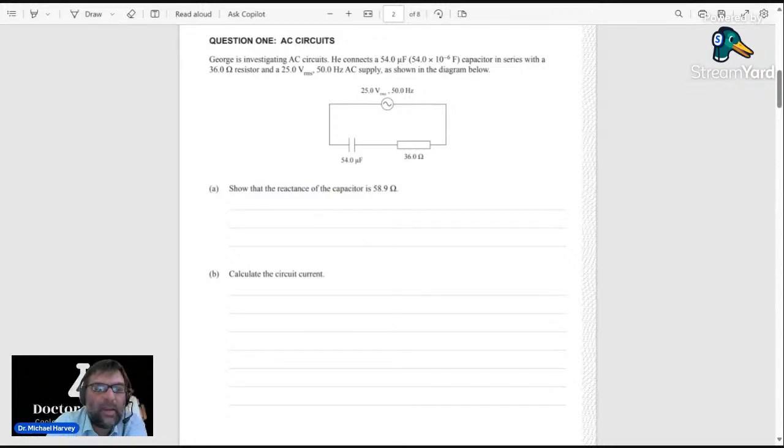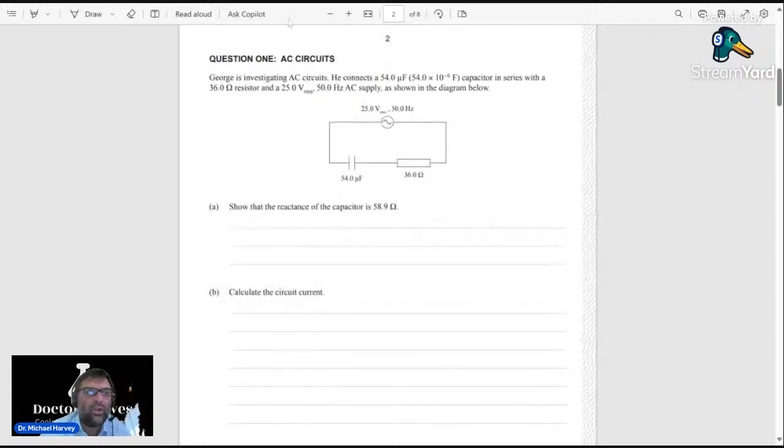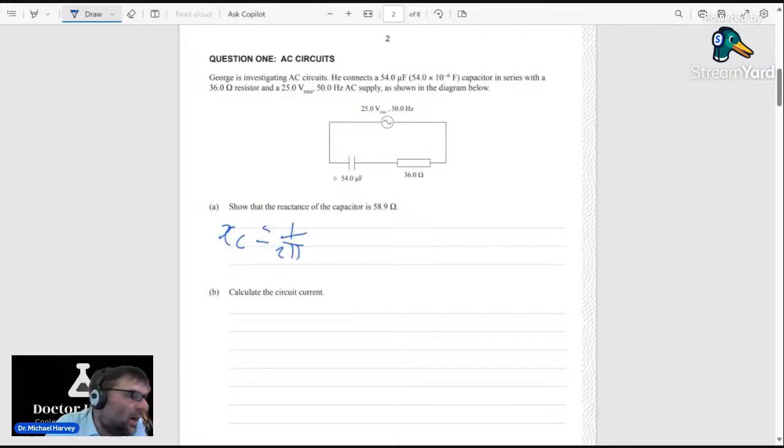Okay, but actually do the drawing thing. There we go. So XC equals 1 over 2 pi f C. Plug in the numbers.